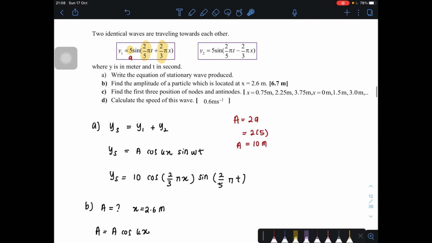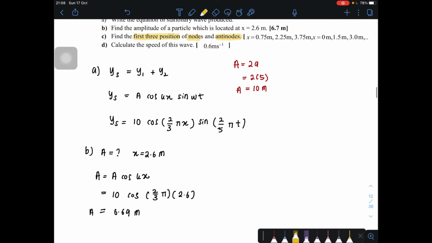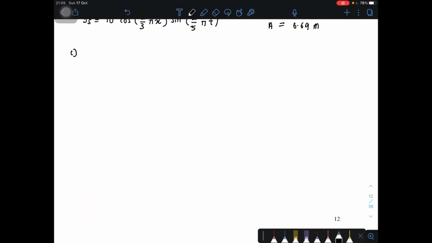Okay, next one. Find the first 3 positions of nodes and antinodes. Okay, so you need to remember this one for node: kx is equal to pi over 2, 3 pi over 2, 5 pi over 2, and so on.